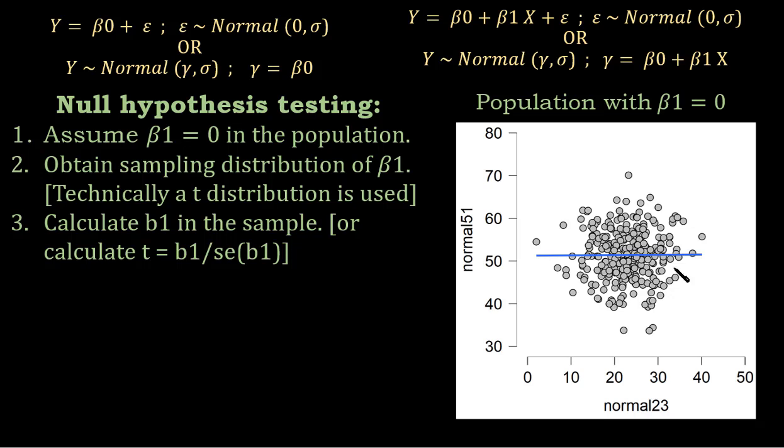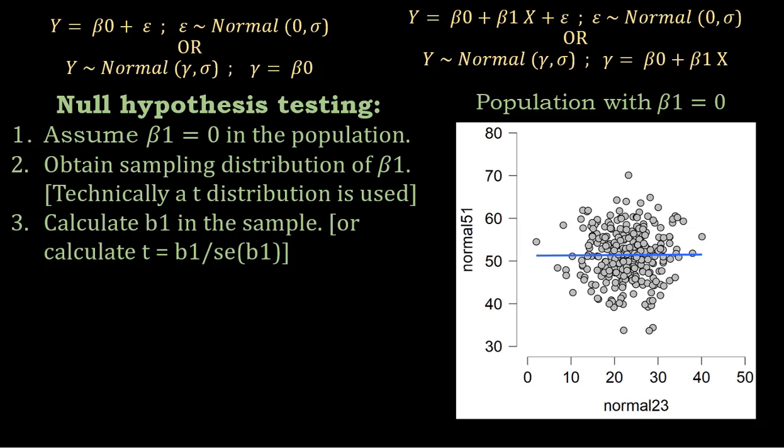And then I also generated separately random numbers from a normal distribution, a variable that I now named normal 23, which mimics the study hours variable that had a mean of 23.